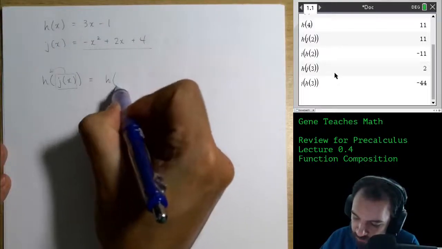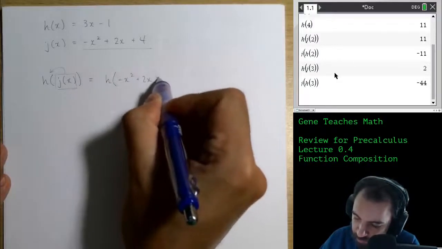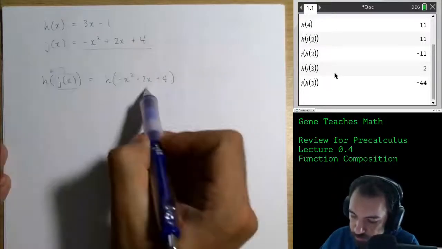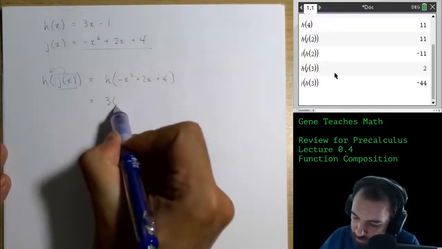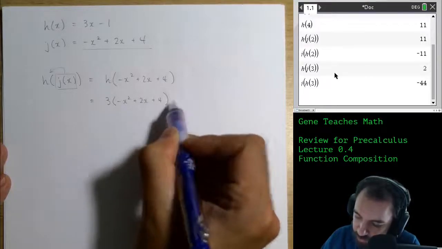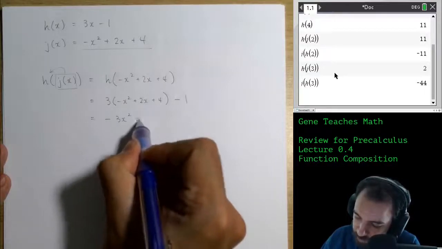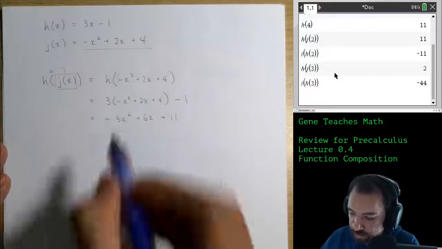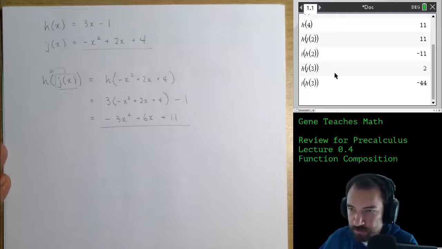I'm going to say h of, and j of x is going to become negative x squared plus 2x plus 4. And this entire expression must become the input. So I will replace the x with this, and I will have 3 multiplied by negative x squared plus 2x plus 4, subtract 1. And distribution gives me negative 3x squared plus 6x plus 12 minus 1 is plus 11. This is the function rule for h of j of x.